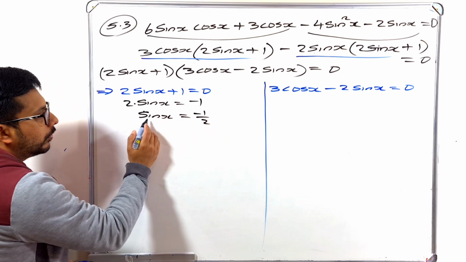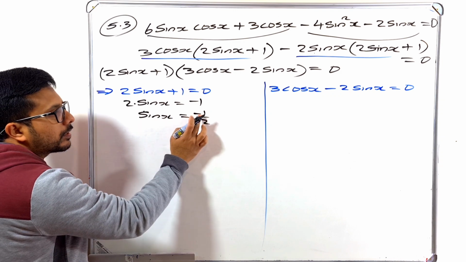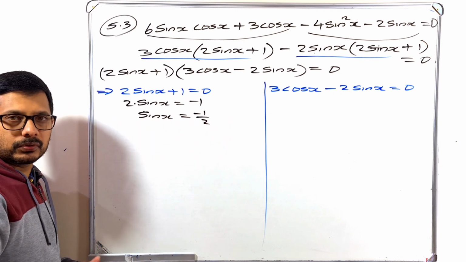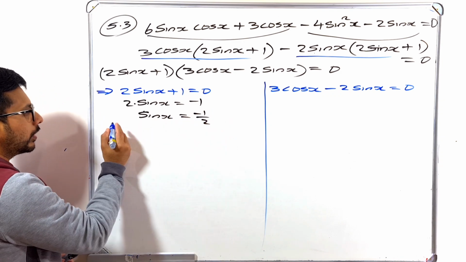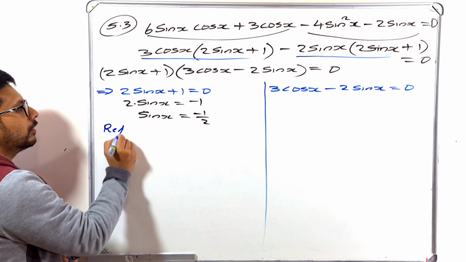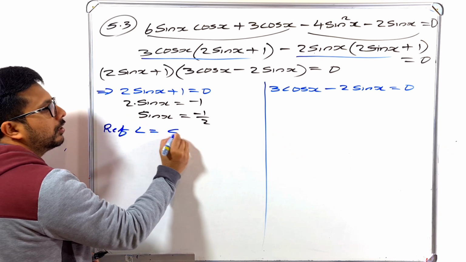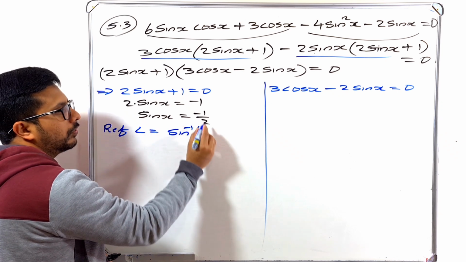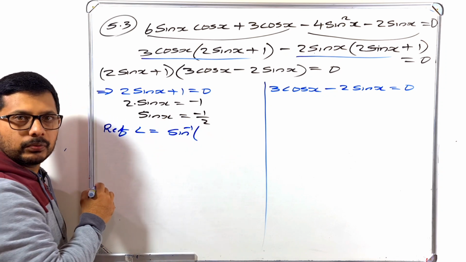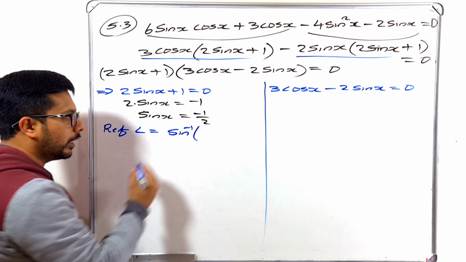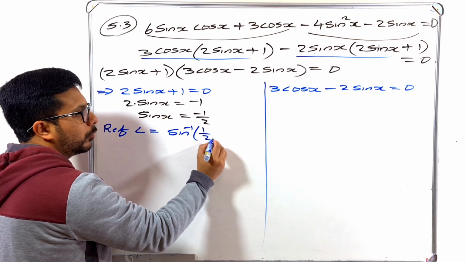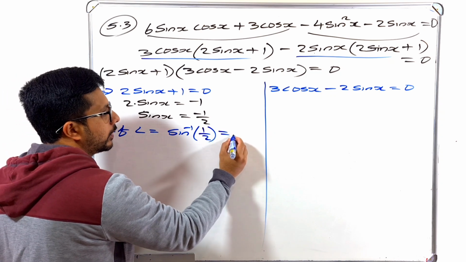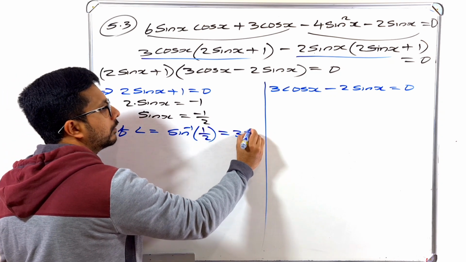So look at this one, sine is minus half. First we find the reference angle. What is the reference angle? Reference angle is equal to sine inverse of, you don't consider the negative when you are finding the reference angle, so sine inverse of positive half. The answer is 30.